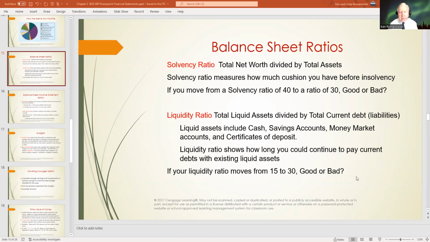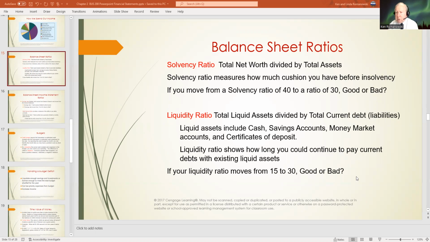Another really interesting ratio, a very important ratio, is the liquidity ratio. So here you're going to take your total liquid assets divided by your total current liabilities or your current debt. So your liquid assets would include cash, savings accounts, money market accounts, certificates of deposit that come due within, say, a year's time.